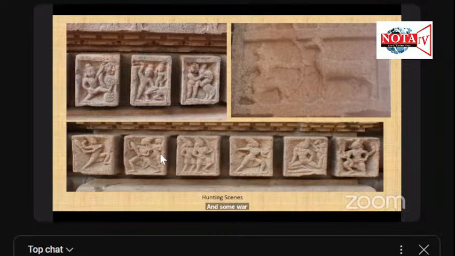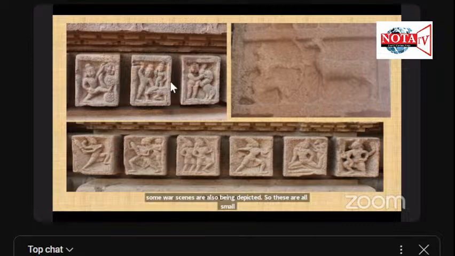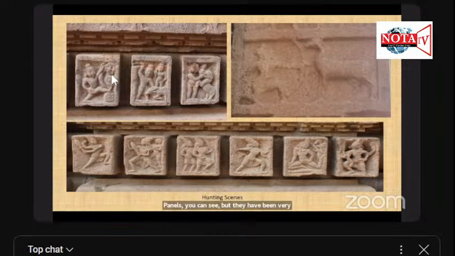These are all small panels, but they are very clearly shown. You have the killing of animals, fighting with a lion, and so all these hunting scenes and war scenes are very clearly depicted here.